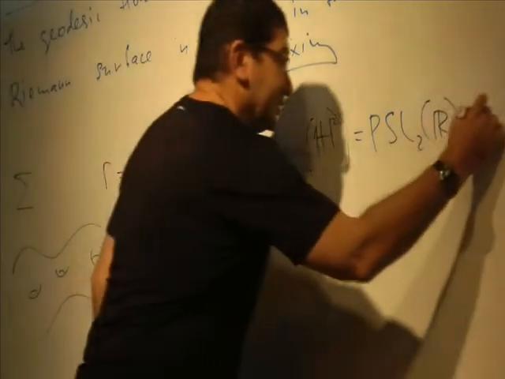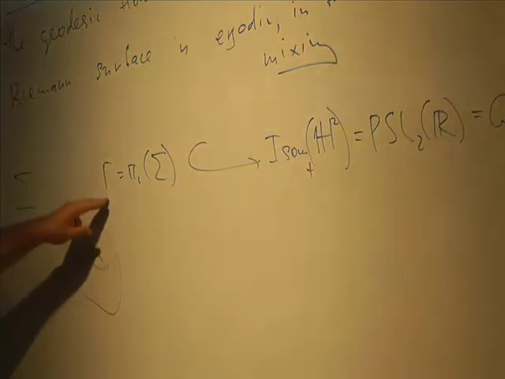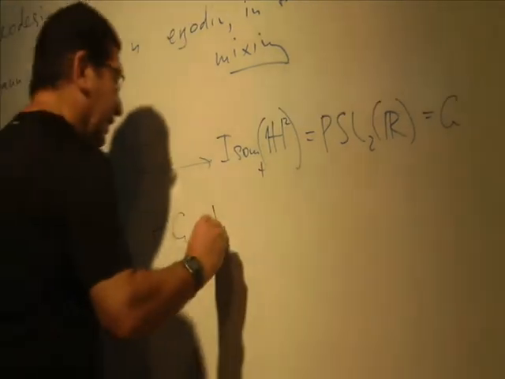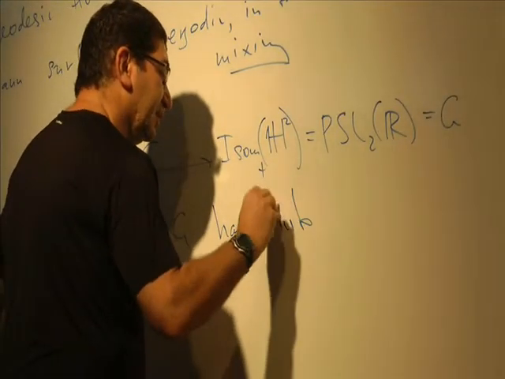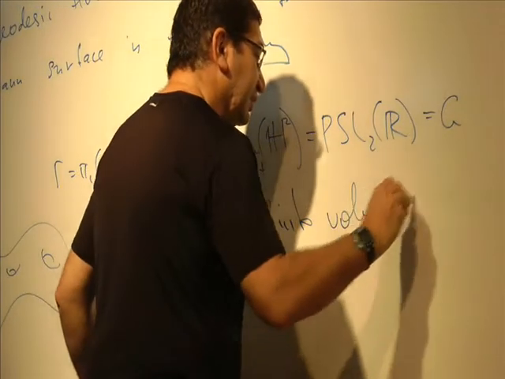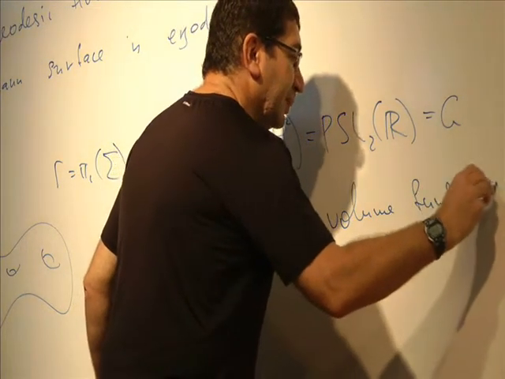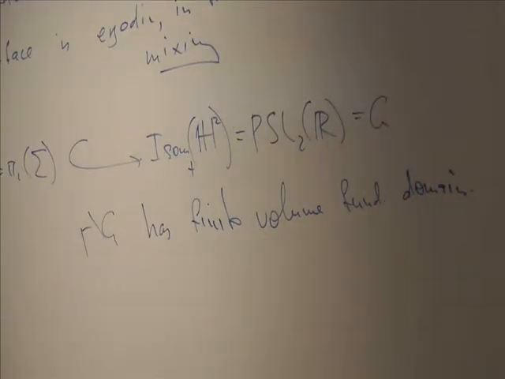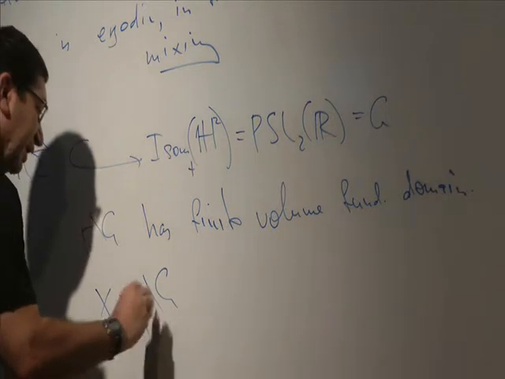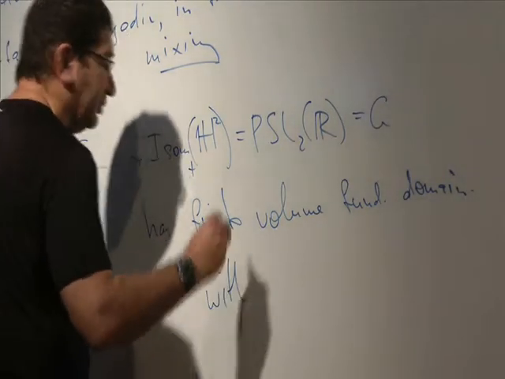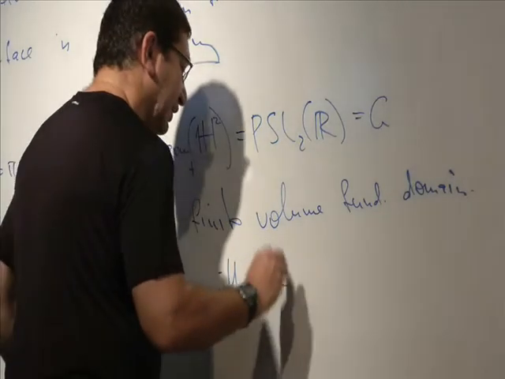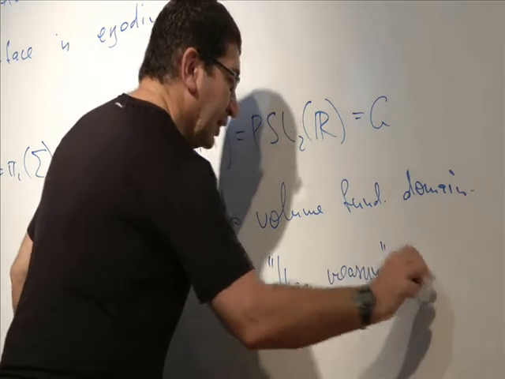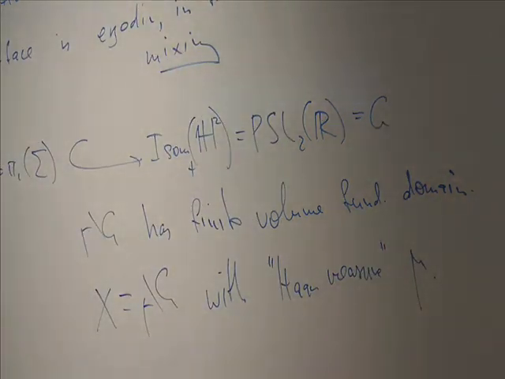And this embedding, so this is going to be my G, and the embedding of gamma in G has a finite volume fundamental domain. So you take X to be this G mod gamma with that volume or Haar measure, with G-invariant Haar measure, normalized to be 1. That gives you a probability space.